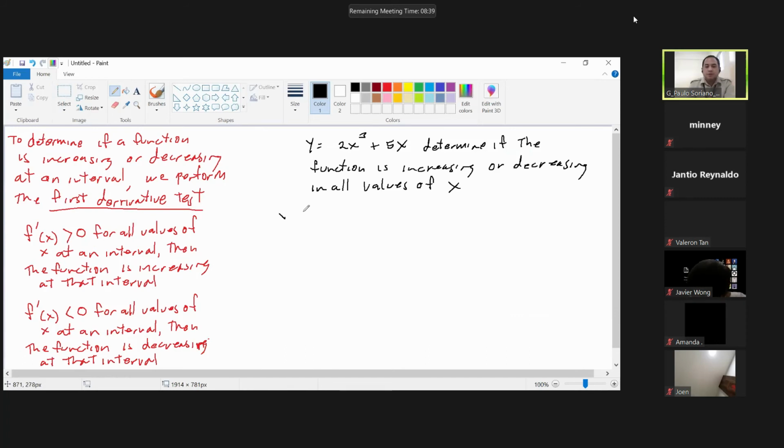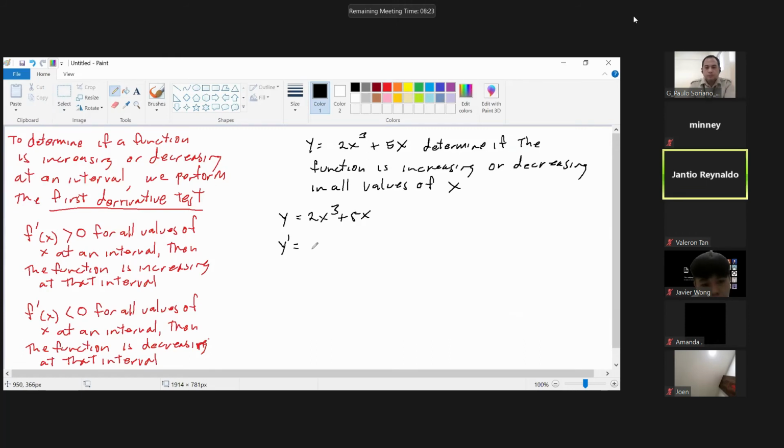So, from y equal to 2x cubed plus 5x, we get now your first derivative, y prime. What's your y prime? Anyone? 6x squared plus 5.